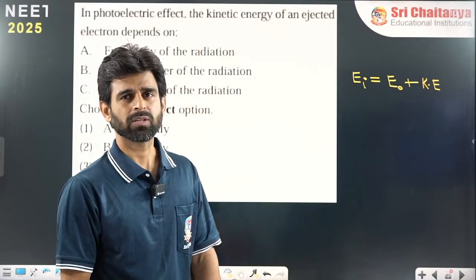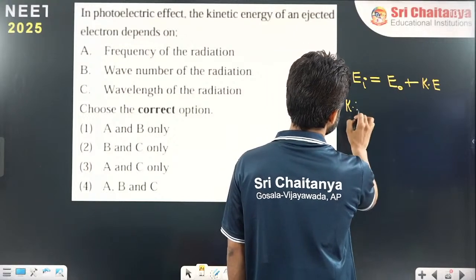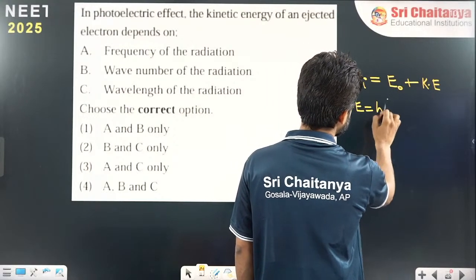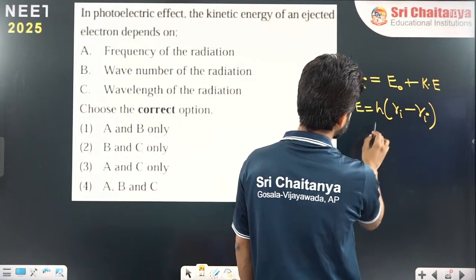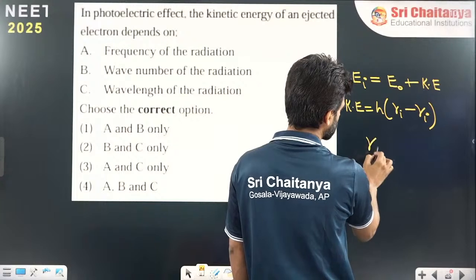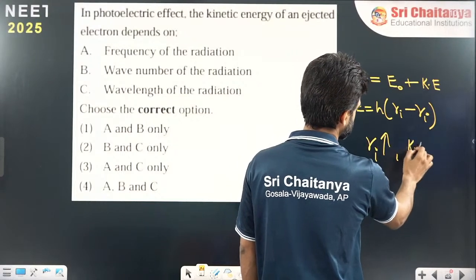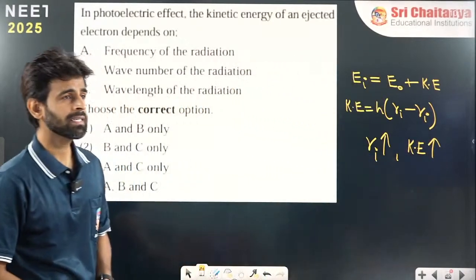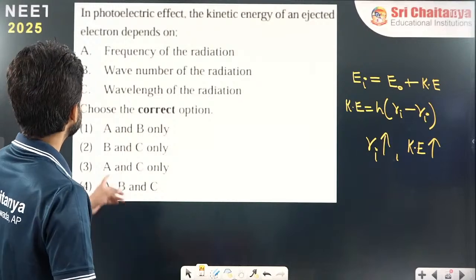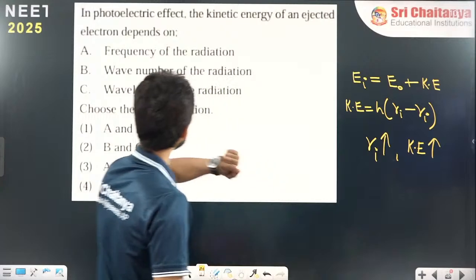E_I equals E naught plus kinetic energy, and if you find kinetic energy from here, it is h(nu_I minus nu naught). Definitely more value of nu_I will increase the kinetic energy, no doubt. Fine. So frequency of radiation, yes, it affects the kinetic energy.